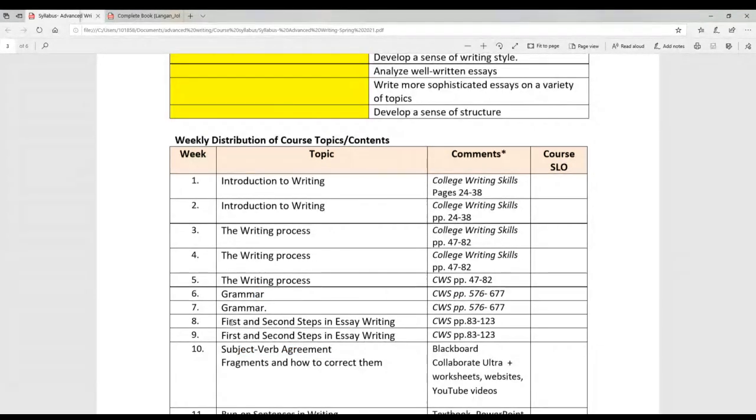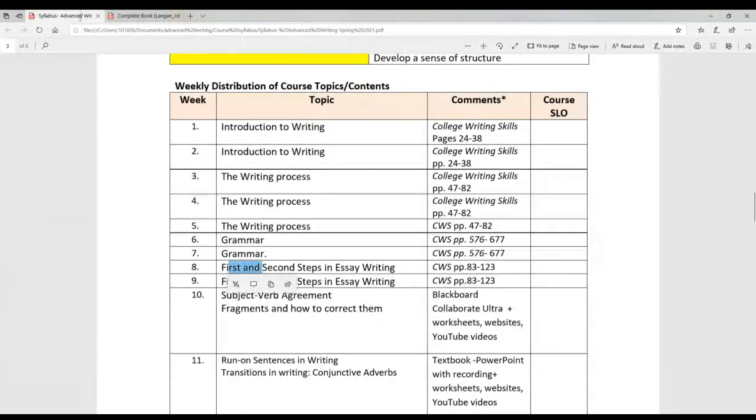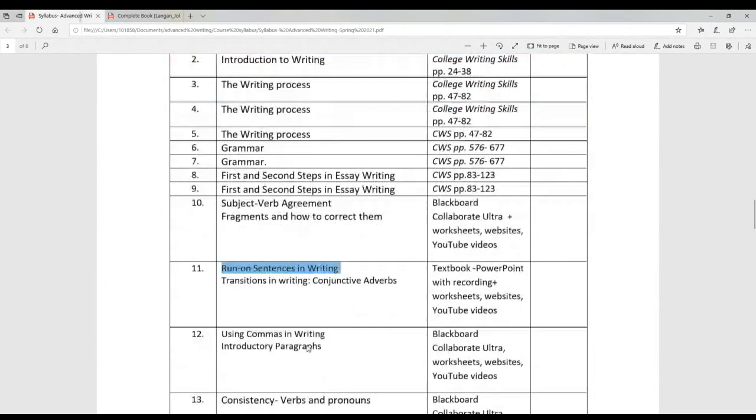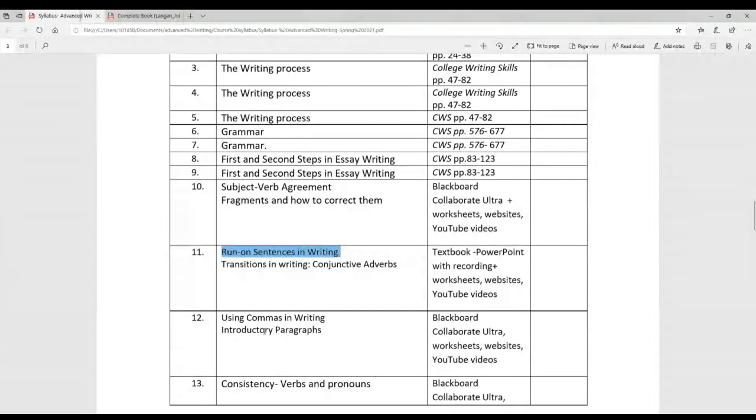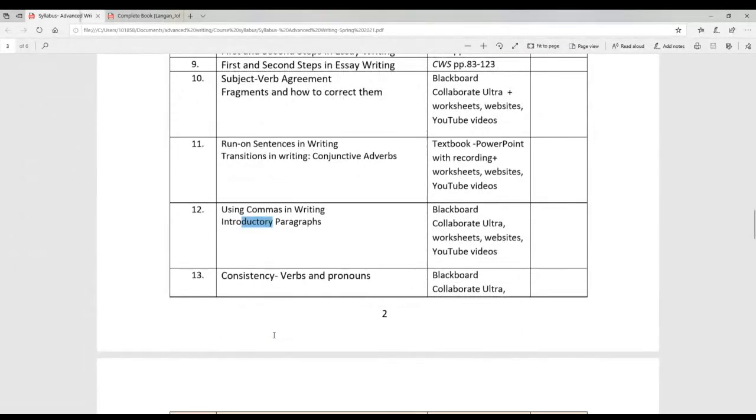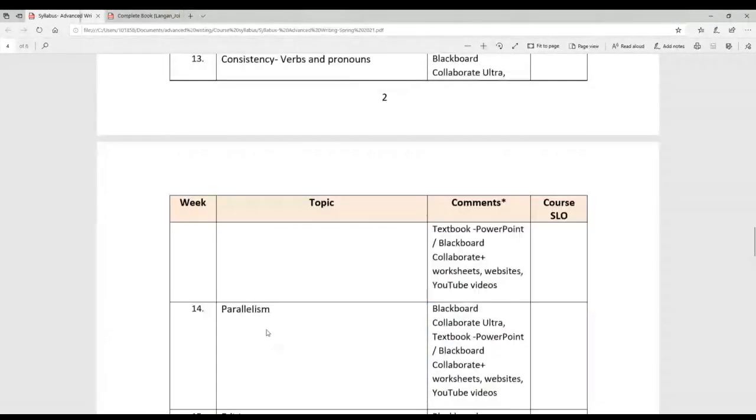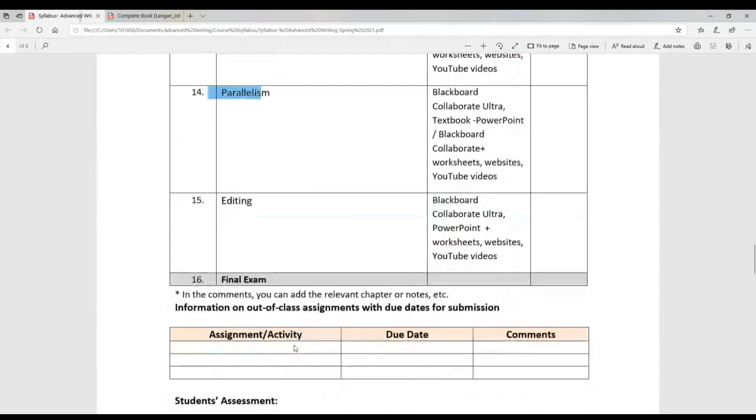We'll focus on punctuation. Also, we'll focus on run-on sentences in writing and how to avoid them, transitions in writing, conjunctive adverbs, using commas in writing, introductory paragraphs, consistency, verbs and pronouns, parallelism, and editing.